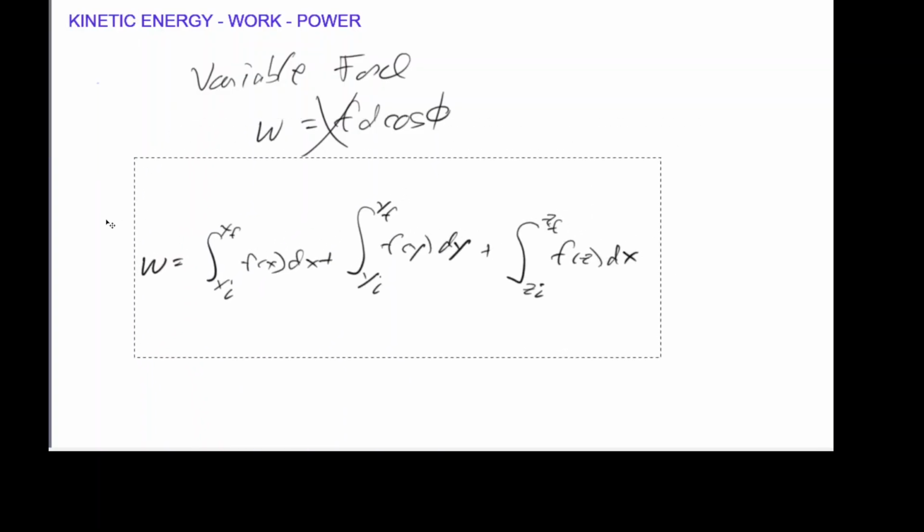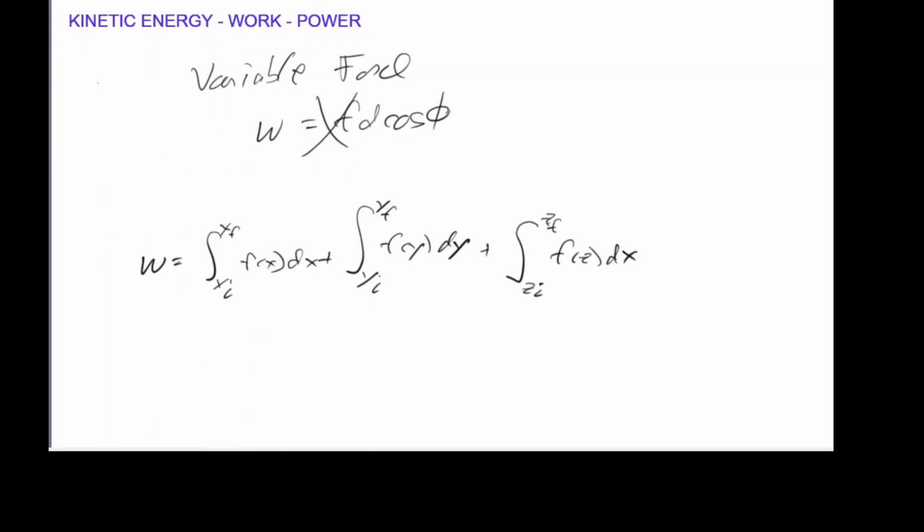So what that looks like is that. And if the force is only in one direction, then we can use the integral of Fx dx from x initial to x final.